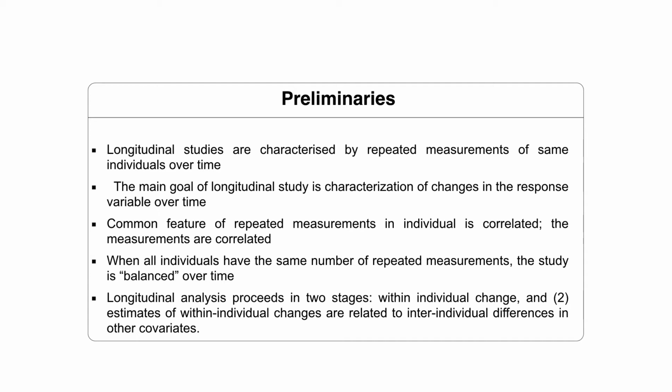The most important feature of repeated measurements, and particularly of a longitudinal study, is that the measurements are correlated with each other. The word correlation here means that if you take a measurement at time point 1, time point 2, time point 3, time point 4, etc., and then run a correlation matrix, that is, if you compare the variability of these various measurements for all individuals, they're going to return high values.